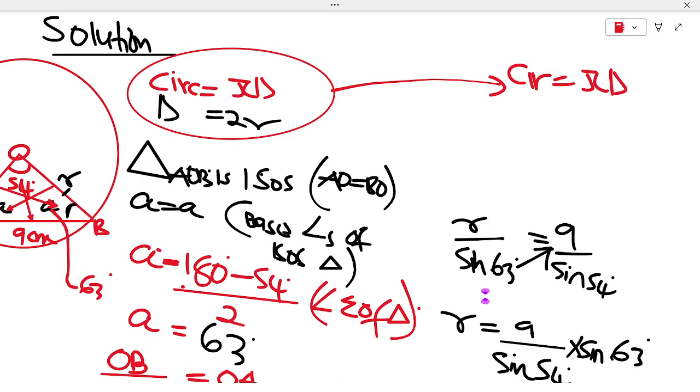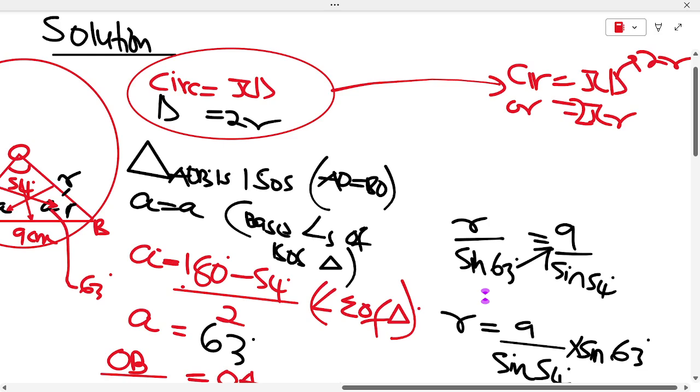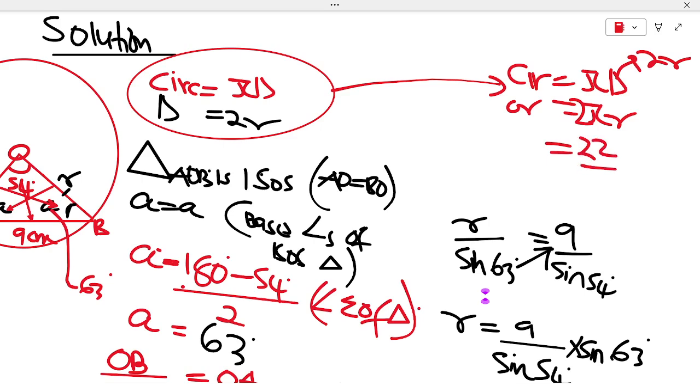That is 2 pi r, because the diameter is 2r. Pi is 3.14 or 22 over 7, times radius, times 10, times 2. As we solve it, 2 times 10 is 20, and 20 times 22 divided by 7.